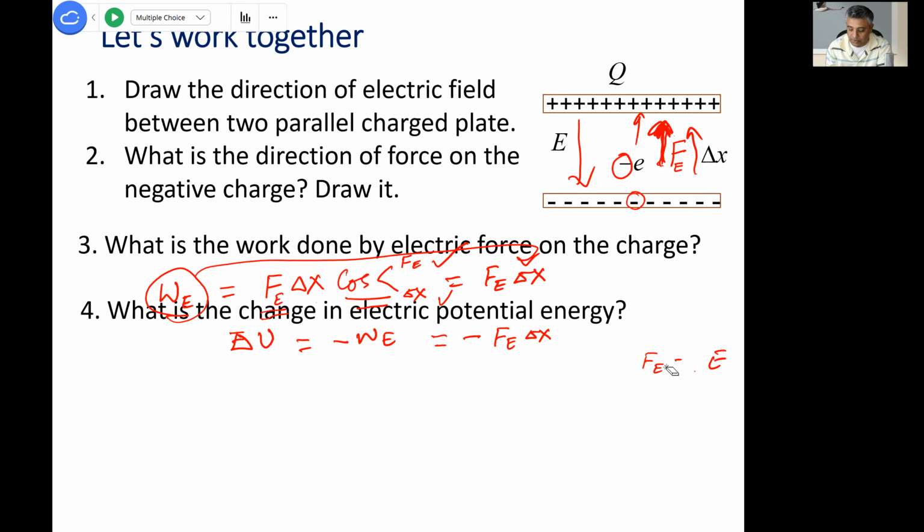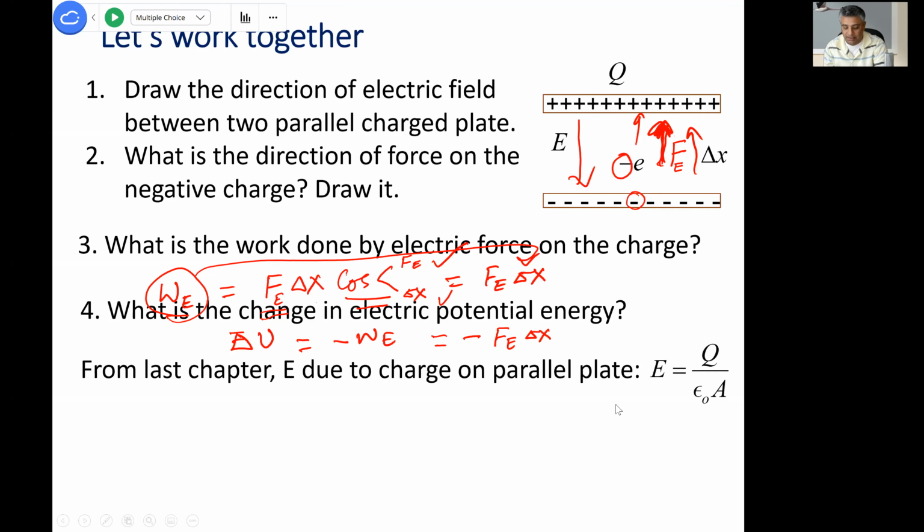We do not want to do that, okay? So that's the change in electric potential energy. The charge is just q, the field is E, and displacement is delta x. So that's the change in potential energy.